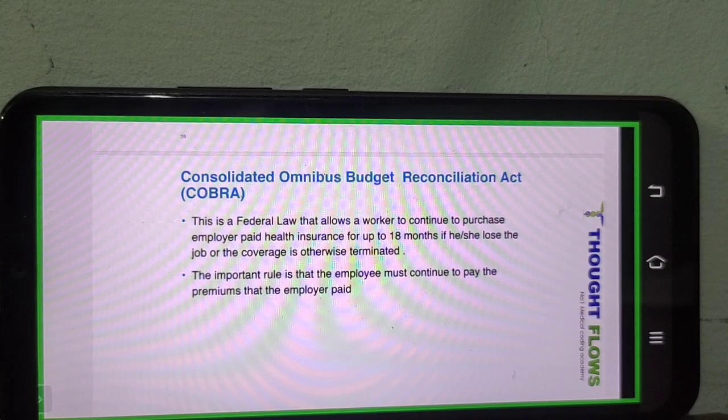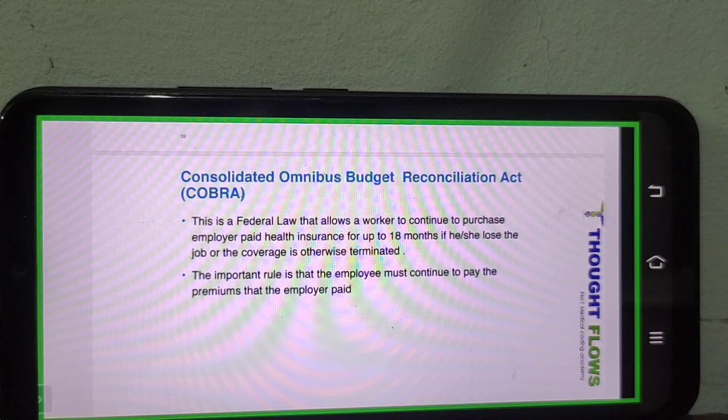But I lost my job, and I can still get the treatment up to 18 months. Now I don't have a job, but still I can get the service from worker compensation up to 18 months.